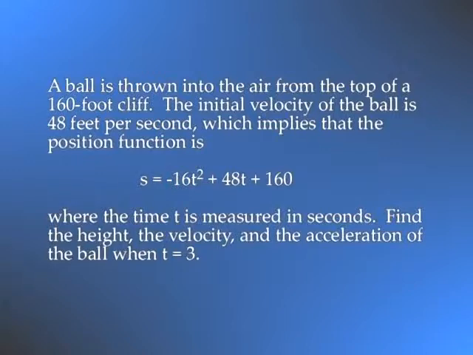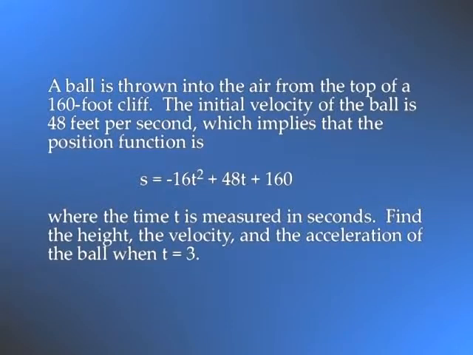This position function, by the way, is derived from a more general relationship from physics. It's actually from one of Newton's laws. We're not going to get into that here, but there is a sound basis for where this function comes from. At any rate, it says that the time t is measured in seconds, and we want to find the height, the velocity, and the acceleration of the ball when t is equal to 3.